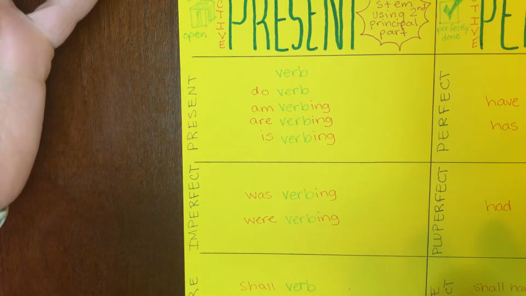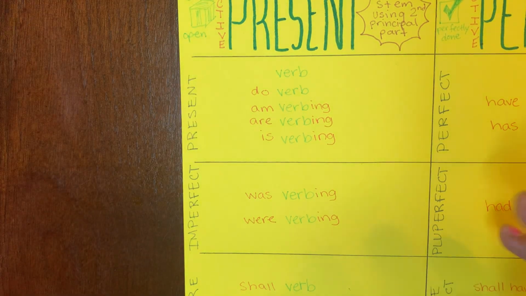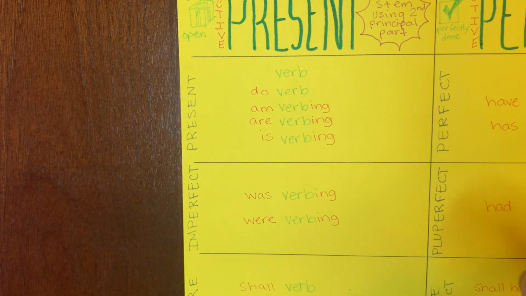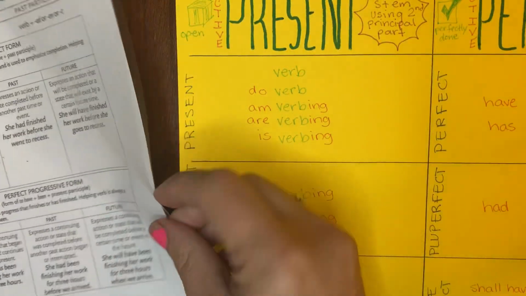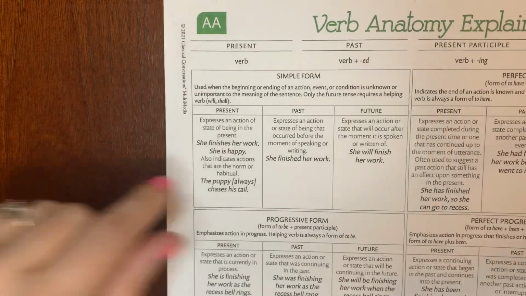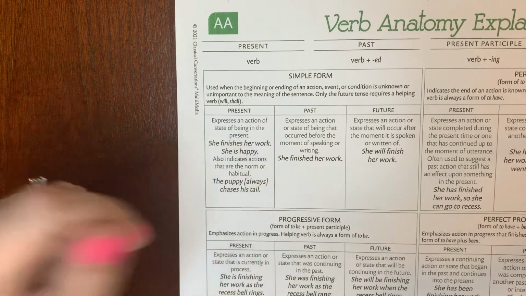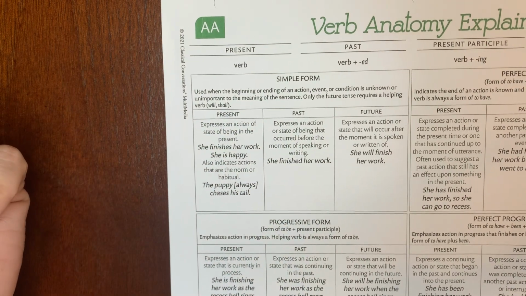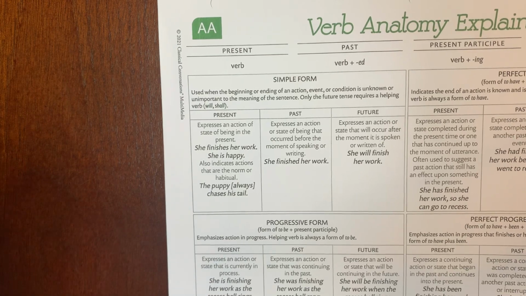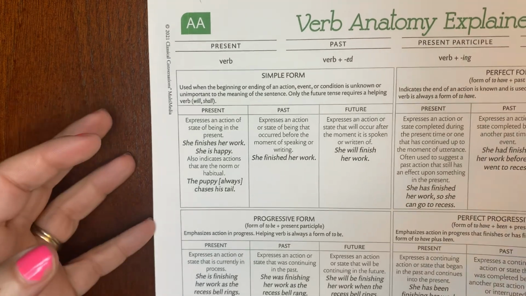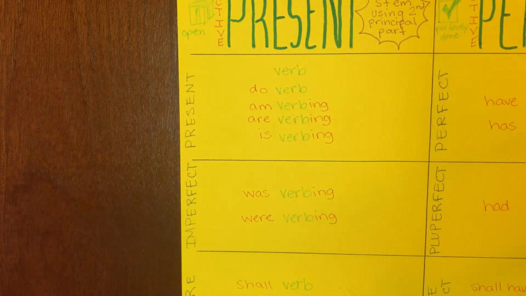"I jump" doesn't really have a lot to say about the time. You don't really use that, kind of like our simple form in English. The simple form in English doesn't really tell you what time and when this is happening. It's just sharing information. So I feel like it's kind of like that.